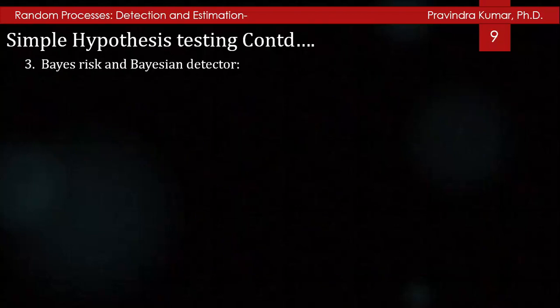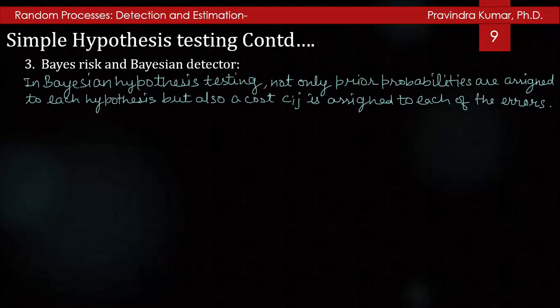Now we will discuss Bayes risk and the Bayesian detector. In previous detection problems, we have assigned probabilities to various hypotheses. In Bayesian hypothesis testing, not only are prior probabilities assigned to each hypothesis, but also a cost Cij is assigned to each of the errors.